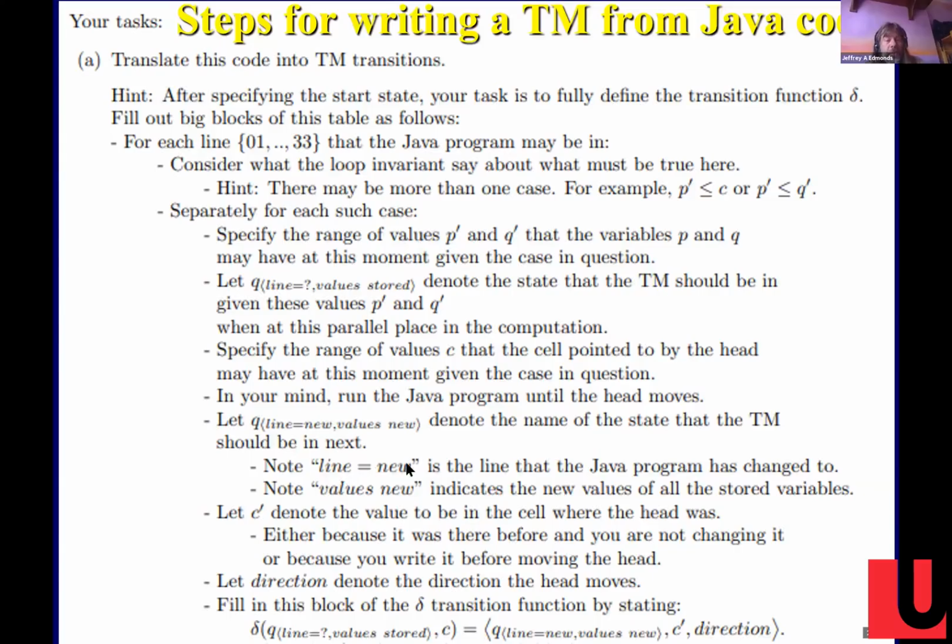And so here I'm just saying, note, line equals new. This tells me what line the Java program is at. Variables new tells me the new values of the variables, because we ran code for a while and so we now have new values of the variables. So write them down here in the state.